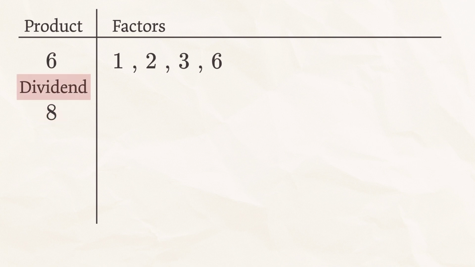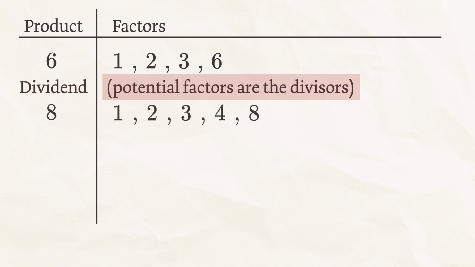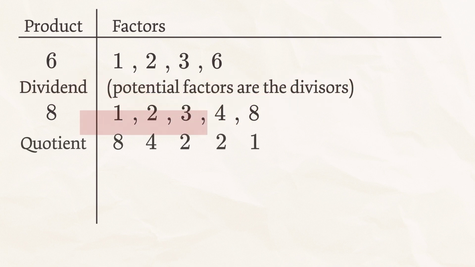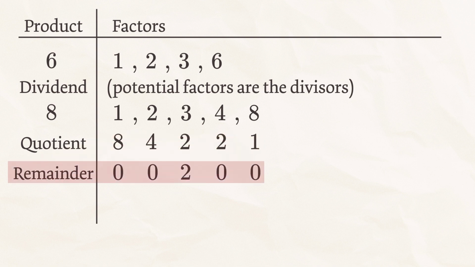So 8 is the dividend, the number being divided. The potential factors are the divisors, the numbers being divided by. The quotients, the results of the division, we'll put underneath each potential factor. And below that, we'll put the remainders.